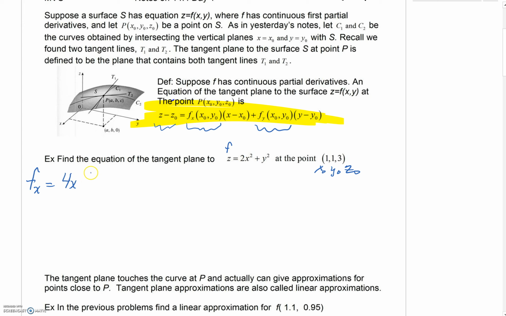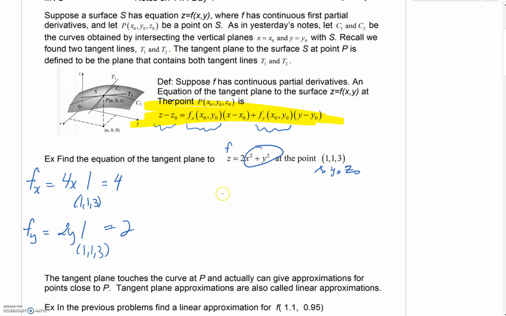And if you were to plug in the point 1, 1, 3, you can quickly see that your derivative with respect to x at that point would be a 4. Likewise, if we took our derivative with respect to y, we would get 2y. Once again, plug in your 1, 1, 3, and you would get a 2.